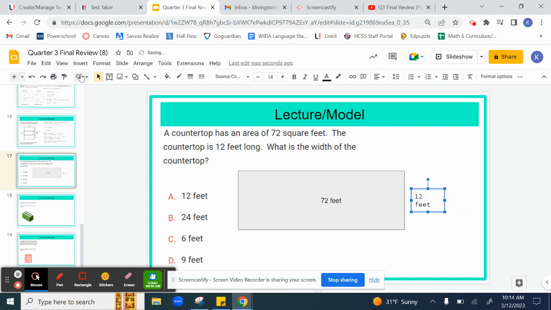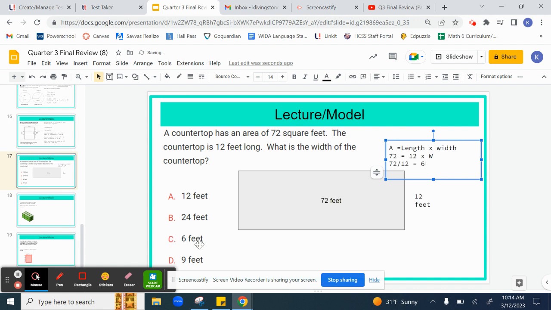So we know for a rectangle that length times width is the area. So that means 72 equals 12 times the width. 72 divided by 12 to undo the multiplication with division is 6.